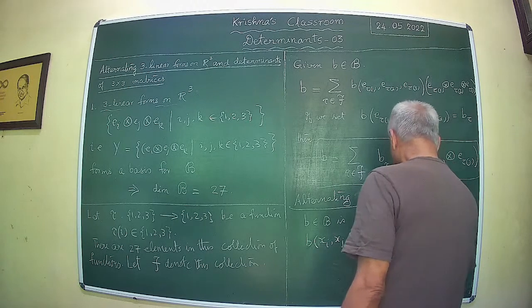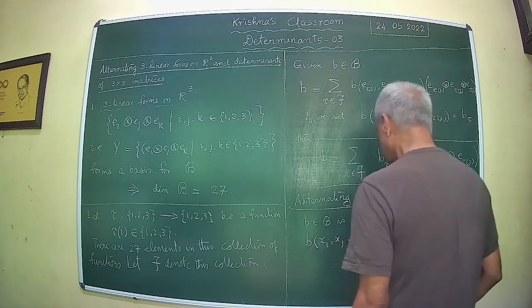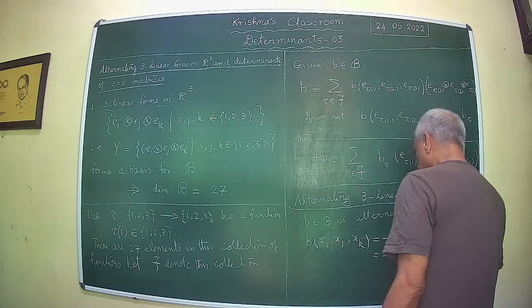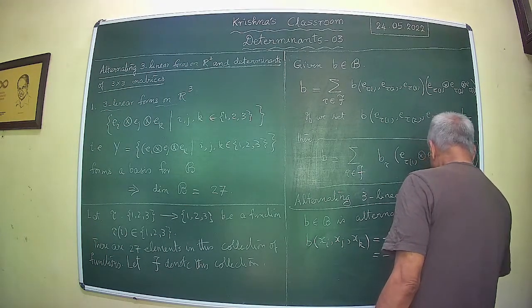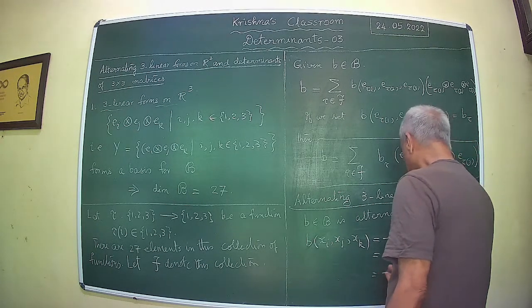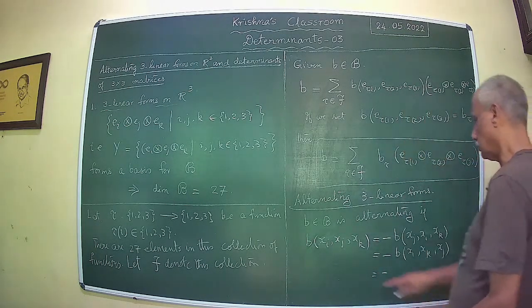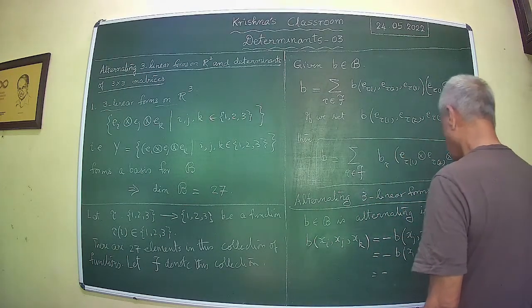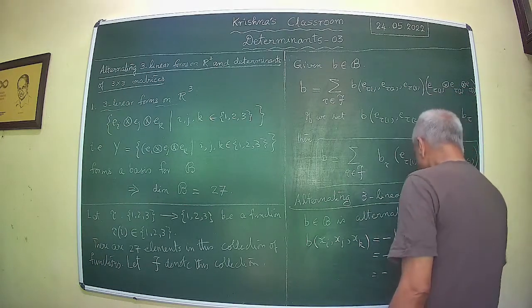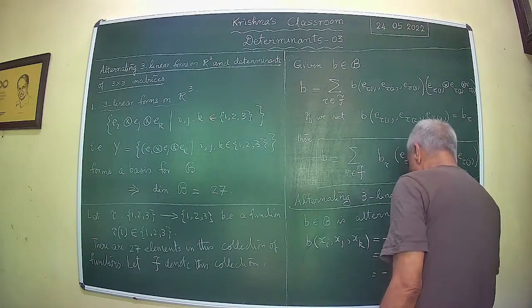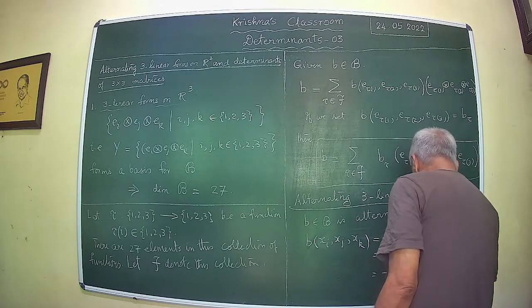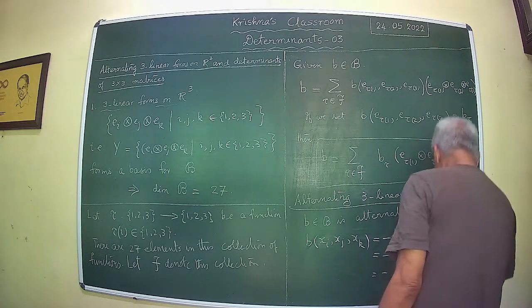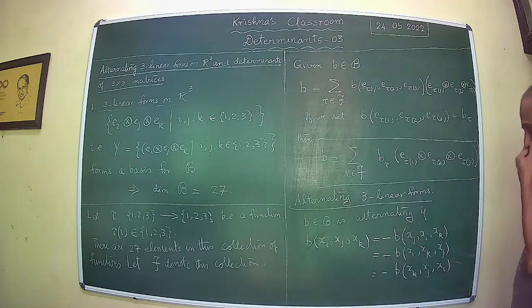This is also equal to minus B of Xi, Xk, Xj. This is also equal to minus B of Xk, Xj, Xi.